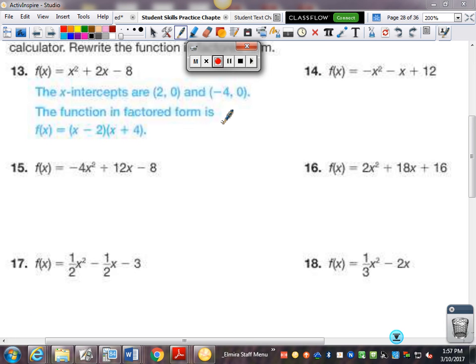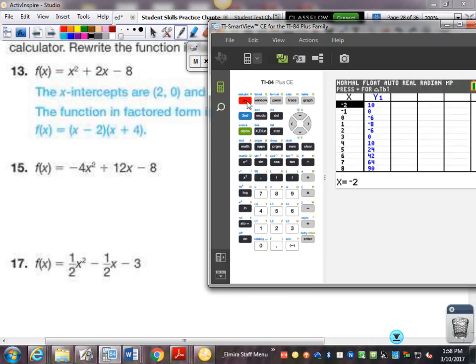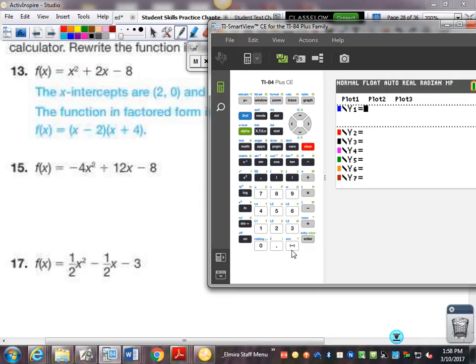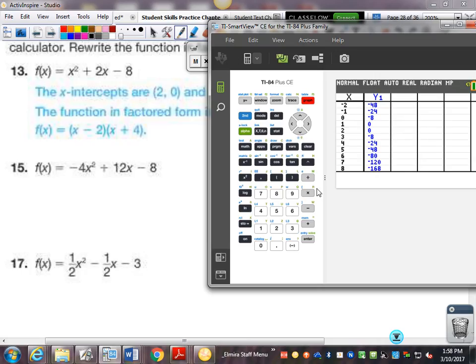The next section is just going over and reviewing the x-intercept stuff again. For the example, I was doing number 15. I would punch in -4x squared plus 12x minus 8. Look at my table.